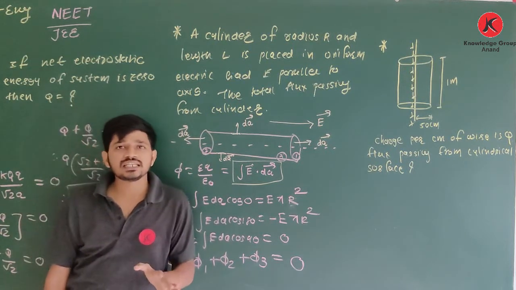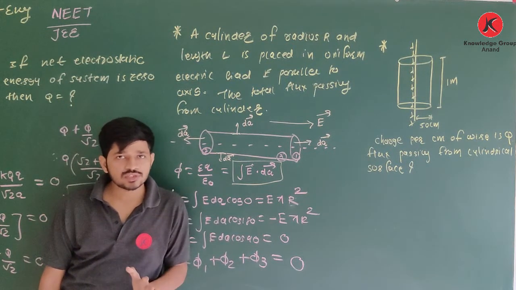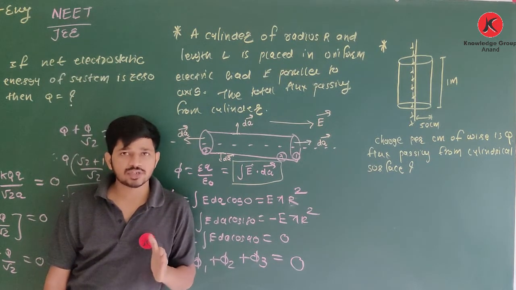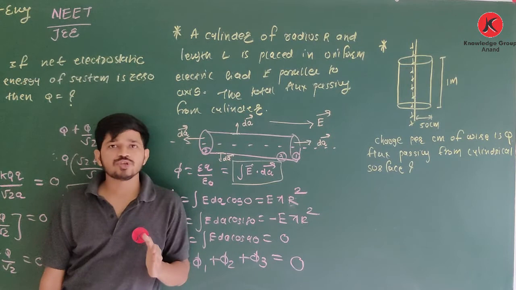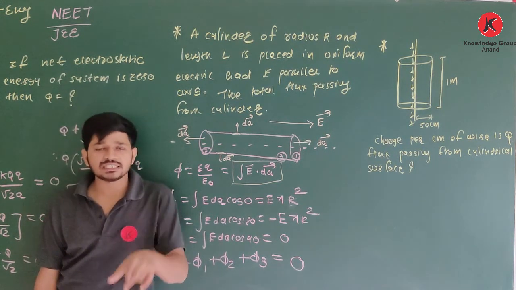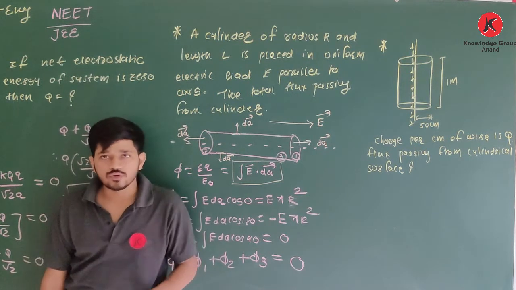So if you are given a symmetrical object and the electric field is uniform within it, then the flux passing through that symmetrical object is 0. Clear about this?